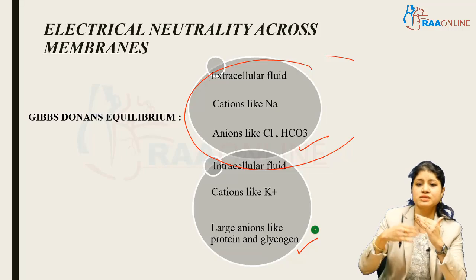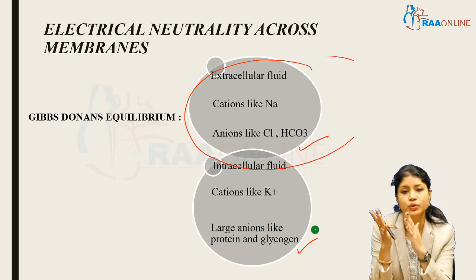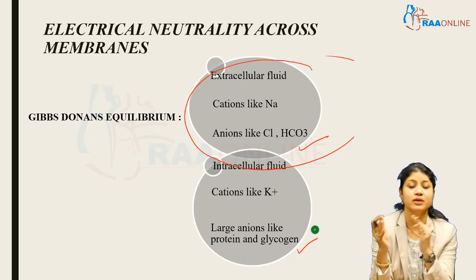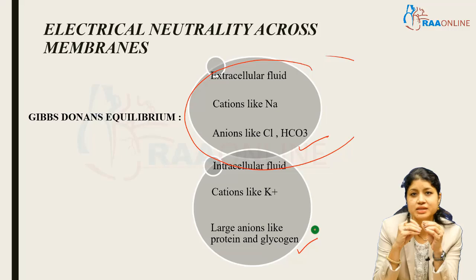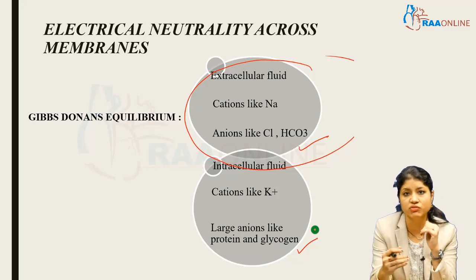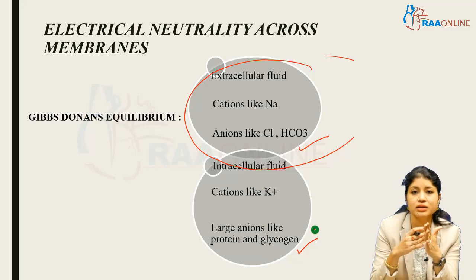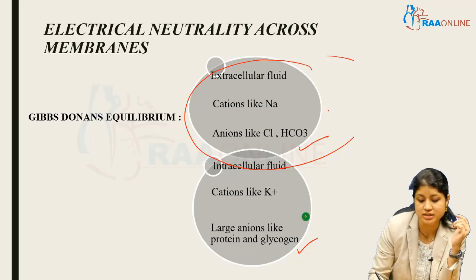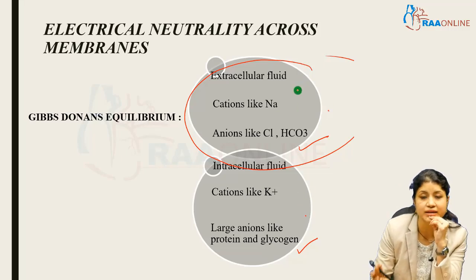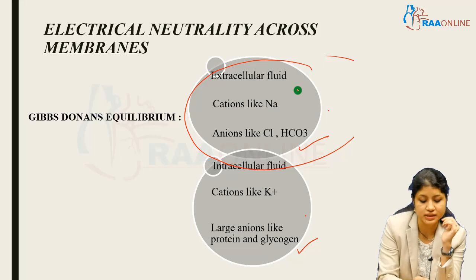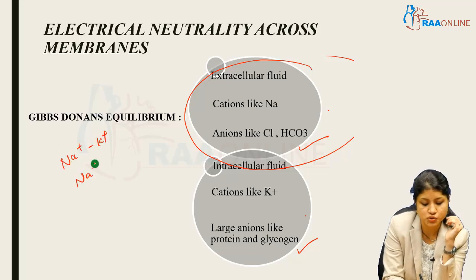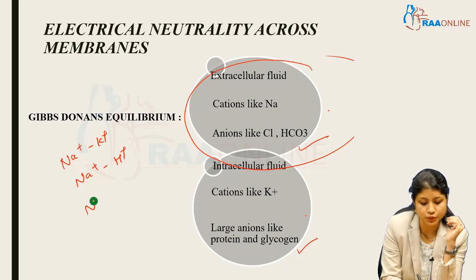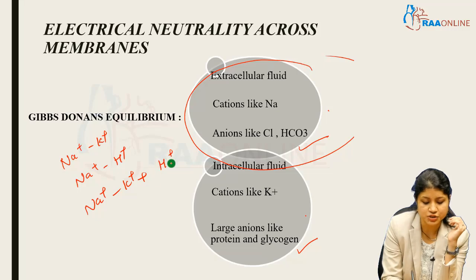So, how is this being maintained? The extracellular fluid cations remain in the extracellular fluid, whereas the intracellular fluid cations remain inside the intracellular fluid. This is maintained by the Gibbs-Donnan equilibrium, which shows that the electroneutrality across these membranes is always being maintained by your pumps, that is, the sodium potassium pump, or the sodium water pump, or the sodium potassium and H plus pump.